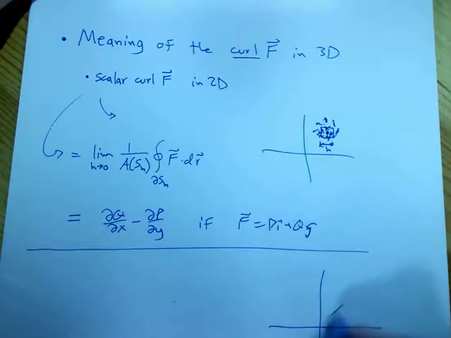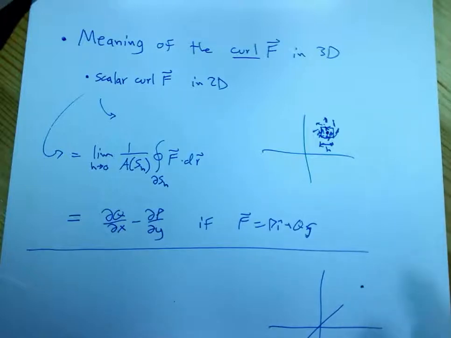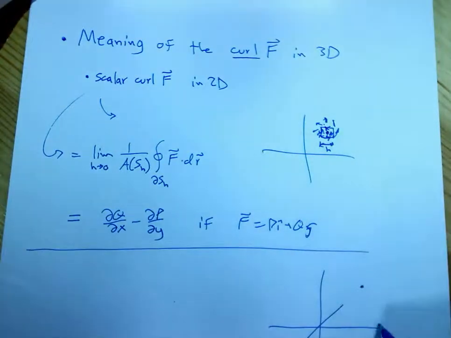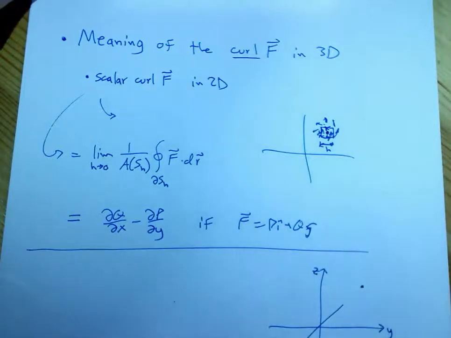Now, it's harder to draw a great 3D picture, but suppose we have a vector field that we notice is swirling around when we look at it in the usual way, that it tends to swirl around planes, the rotation. This is x down here.